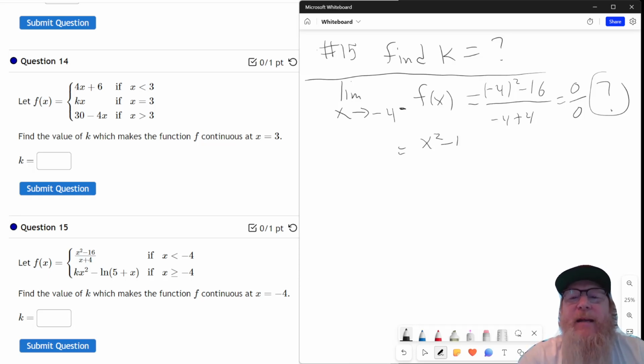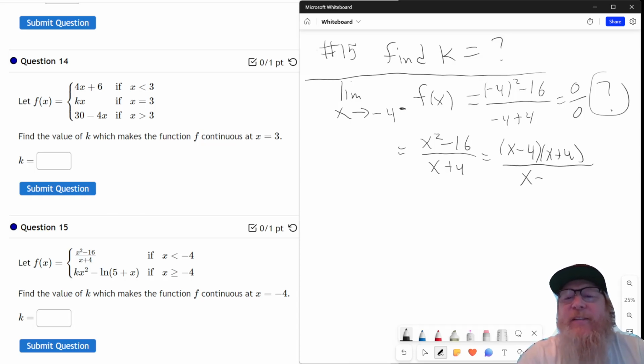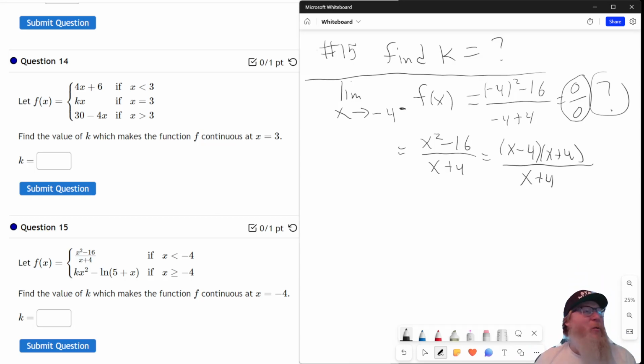X squared minus 16 over x plus 4. Remember the algebraic techniques. That's x minus 4, x plus 4. I guess I should have seen this coming, but I wanted to show you that that may never go away. The 0 over 0 thing tells you can't plug in the number yet. You've got to first simplify and cancel.